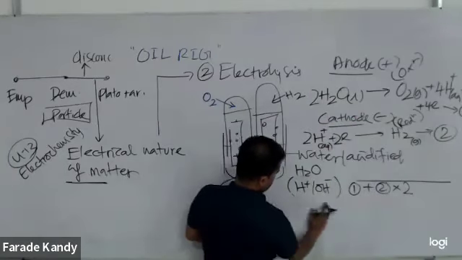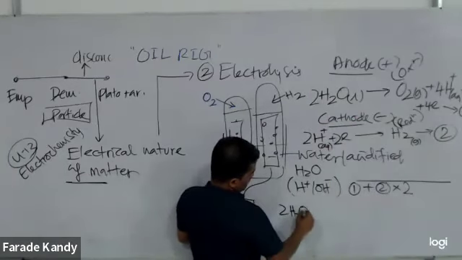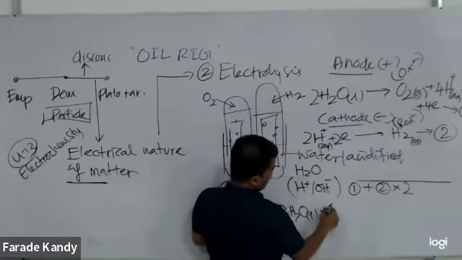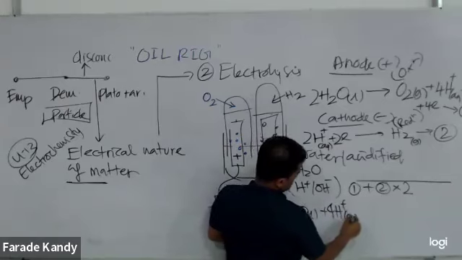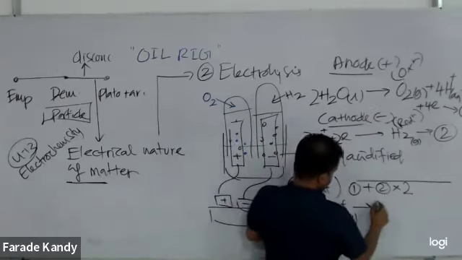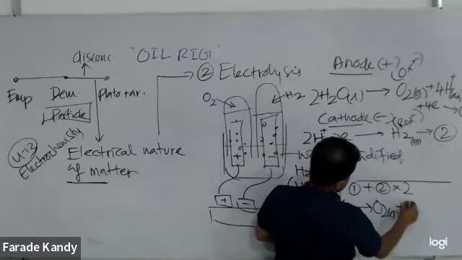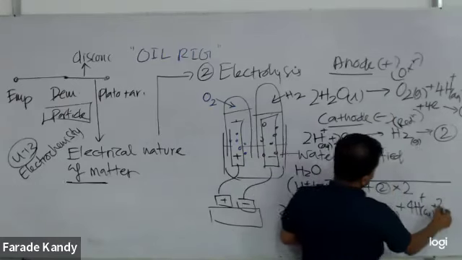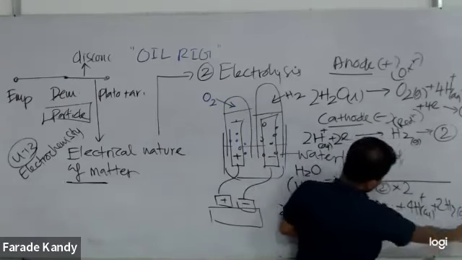Then the first one is added to the second after multiplying that one by 2. Then you have 2 water, plus you have 2 times 2, meaning 4H plus. That's all. Electrons cancel, therefore I don't write them. This side you have oxygen gas plus 4H plus aqueous, and this is multiplied by 2, 2H2 gas.